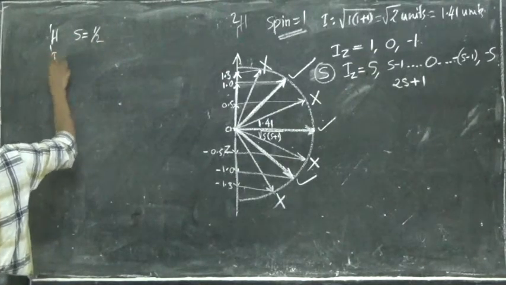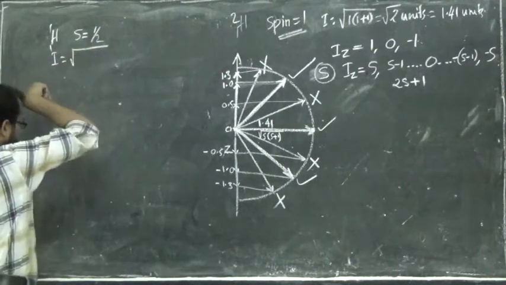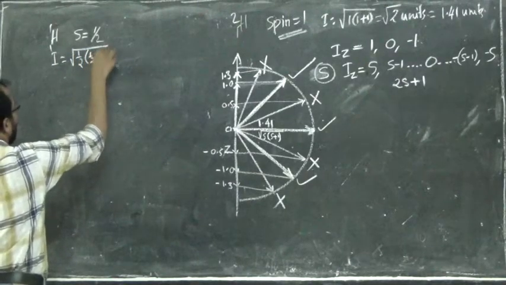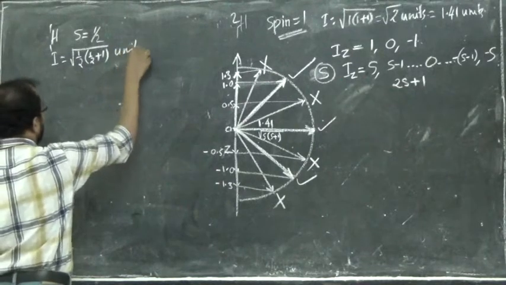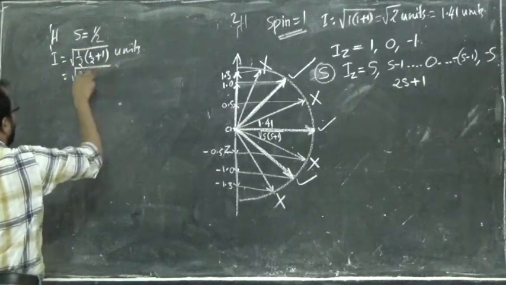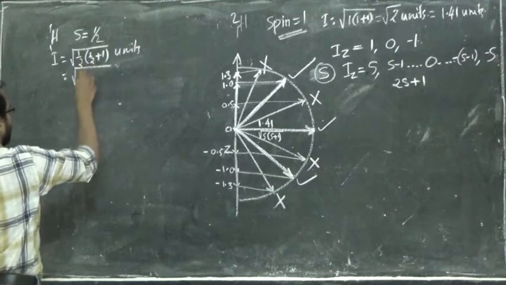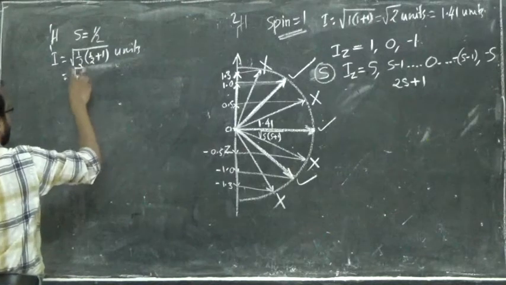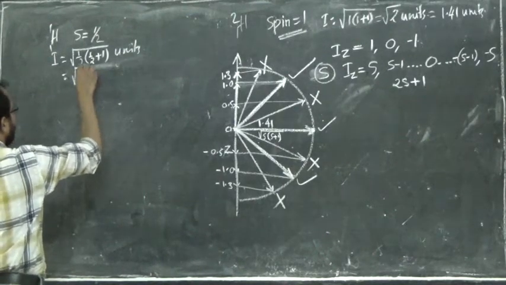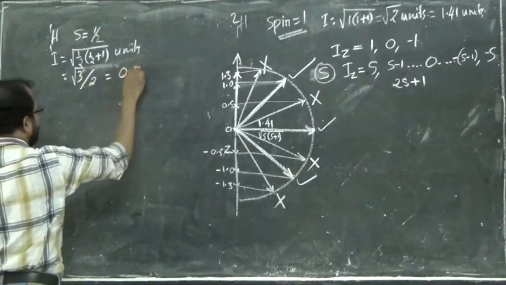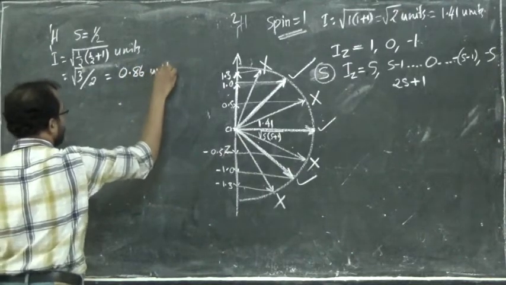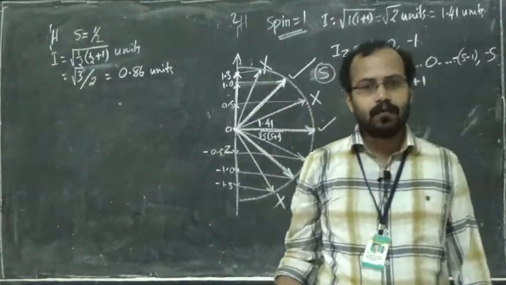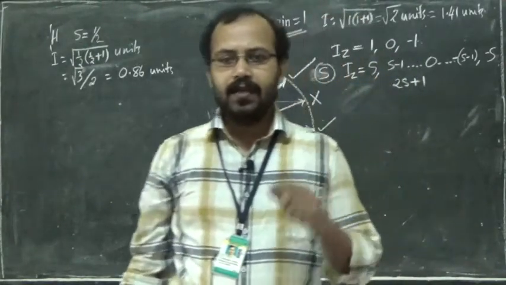Therefore angular momentum I is equal to root of S into S plus 1, that is root of half into half plus 1 units. That is root of half into 3 by 2, that is root 3 divided by 2, which is equal to 0.86 units.